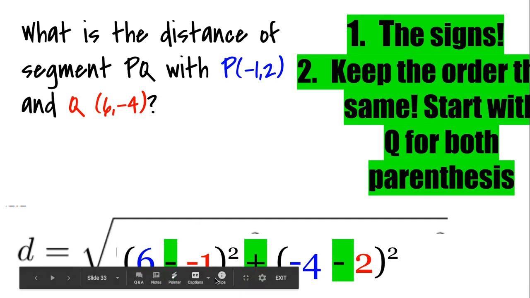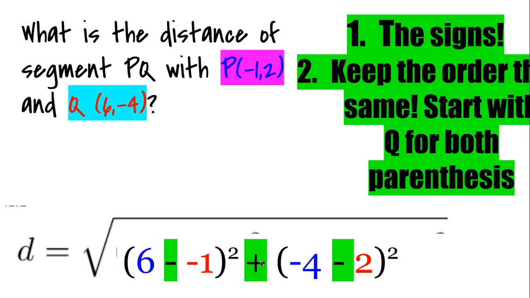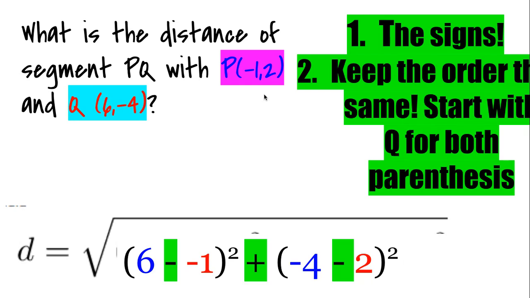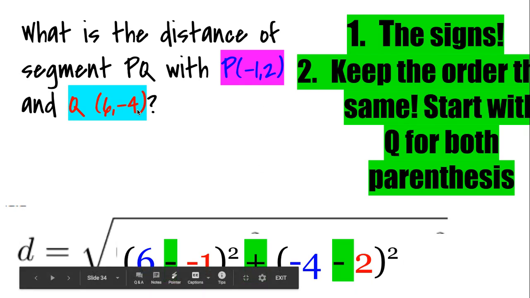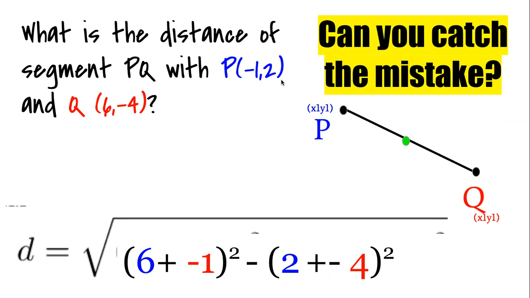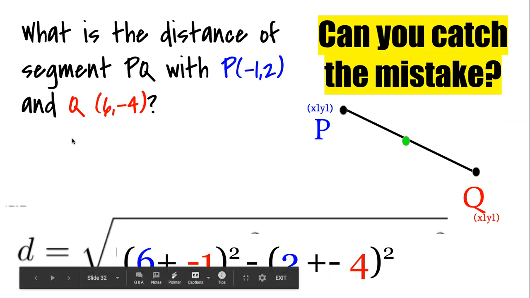We need to subtract inside of our parentheses and add our parentheses together. The next mistake is the order. We started by taking from the Q, 6 minus -1. We need to take from the same parentheses. This should be -4 minus 2, whereas they got the order wrong. They took from the Q, and then they started the next parentheses with a coordinate from the P.